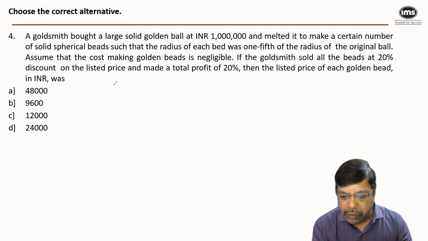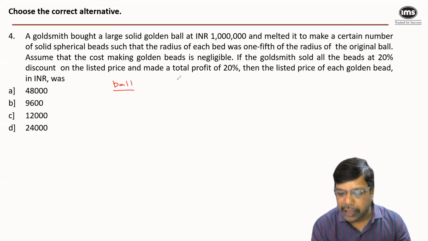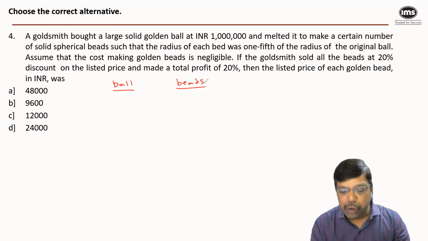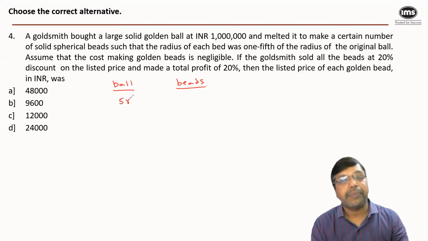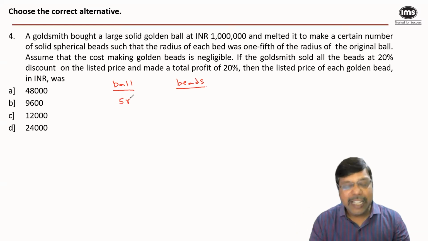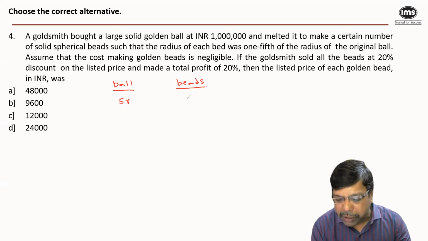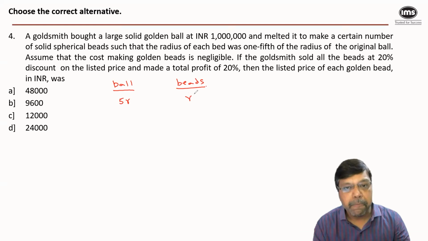Now, for the big ball and the smaller spherical beads, let me assume the radius of the ball is 5r, so that the radius of each of the spherical beads is r.